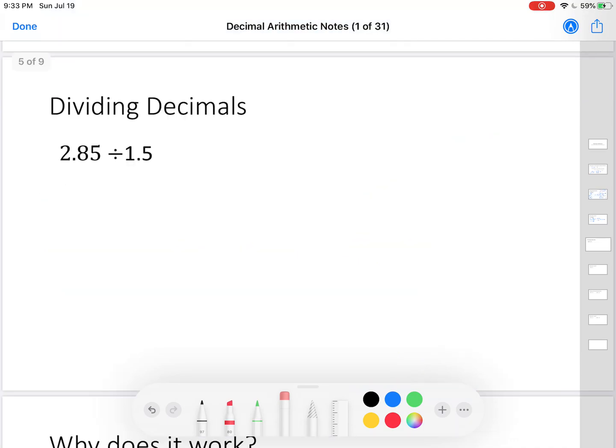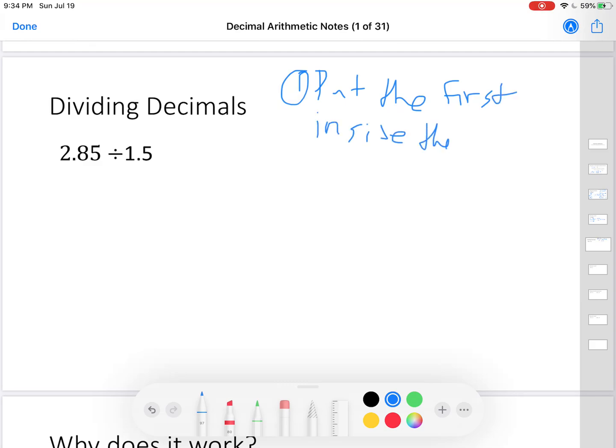Let's move on. Dividing decimals. So step 1. Oops, I have to get to the writing. I'll change it over to blue again. Step 1. Put the first number inside the division bracket.